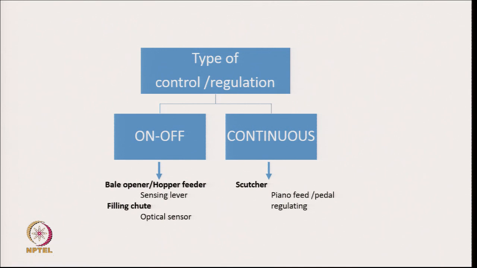In the bale opener or hopper feeders we have sensing levers, we will discuss about them, and in the filling chutes or reserve box we have optical sensors, but these are working on the basis of on off principle. And also we have continuous regulation, and that is there in the scutcher, and the example is the piano feed regulation that we have discussed just now, but we will be discussing it now in a little bit more detail. So, there are two types of regulation, on off type and the continuous type.